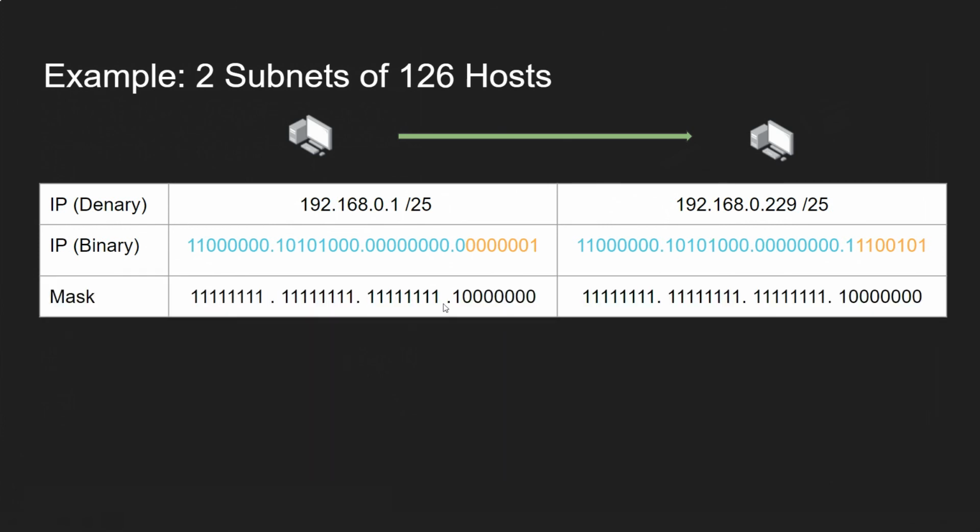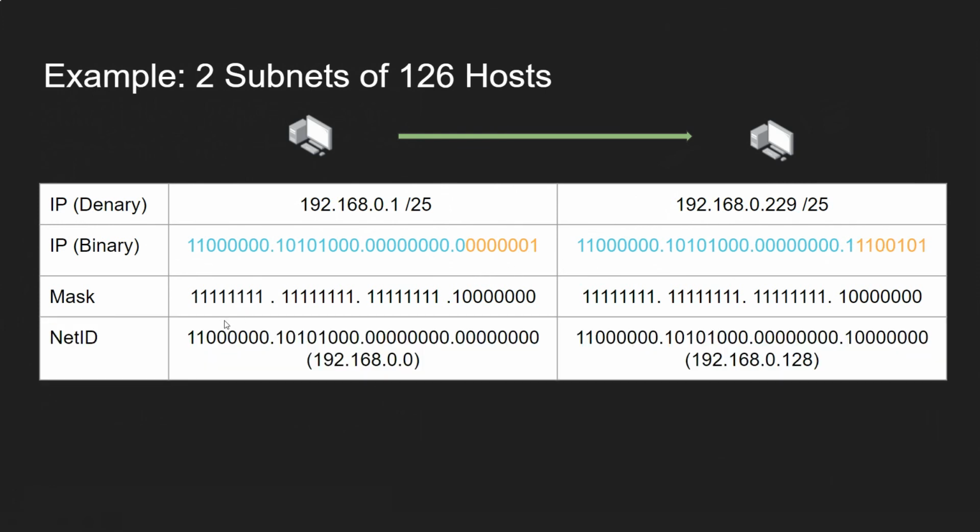So we take the mask and we apply the logical mask, which effectively just erases and replaces all of the host components with zeros, which produces a network ID. The first network ID is the same as before, because this is such a low number, it sits within the same network as before.